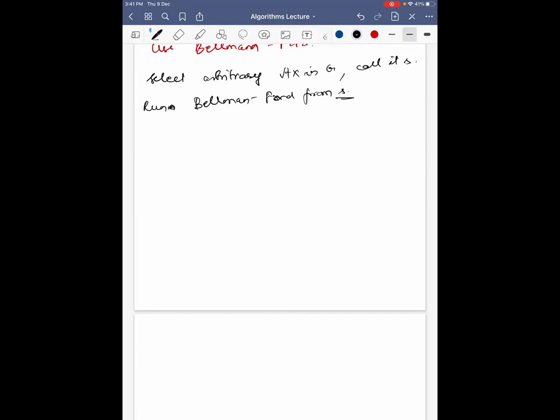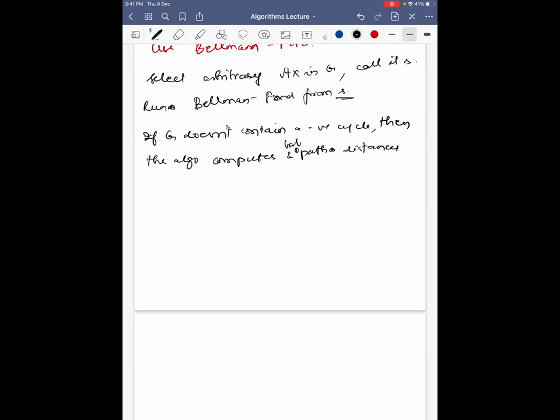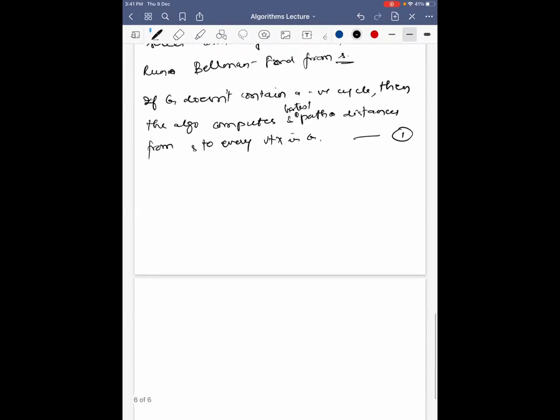Run Bellman-Ford from S. If G doesn't contain a negative cycle, then the algorithm computes shortest path distances from S to every vertex in G. Let's just keep this in mind.